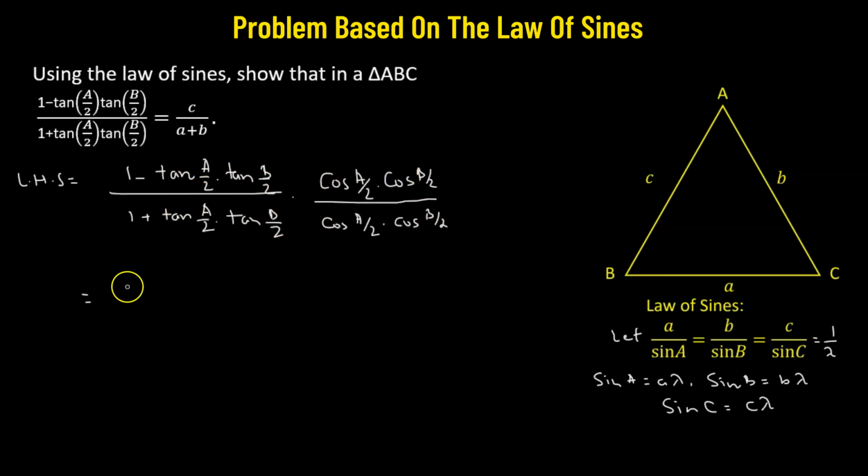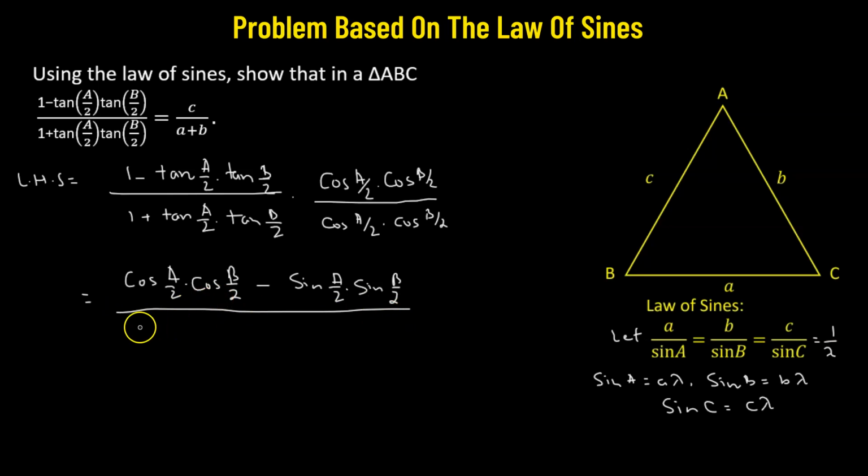This is going to give us cosine of A over 2 times cosine of B over 2 minus sine A over 2 times sine B over 2, whole divided by cosine of A over 2 times cosine of B over 2 plus sine A over 2 times sine B over 2.